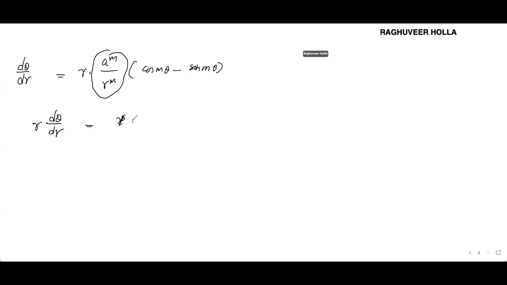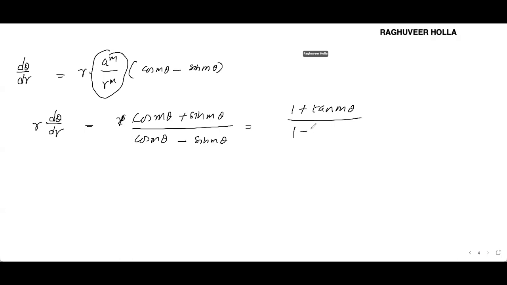This would be cos m theta plus sin m theta divided by cos m theta minus sin m theta. Okay, which is equal to 1 plus tan m theta divided by 1 minus tan m theta.